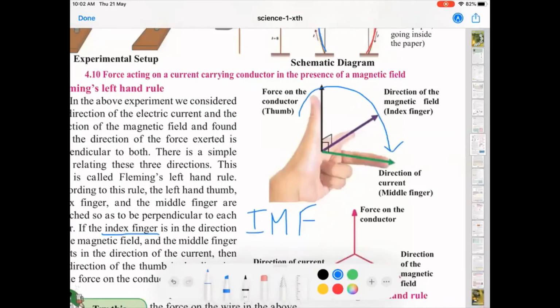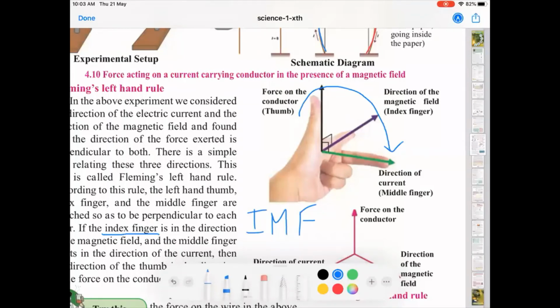So remember this: the left hand thumb, the index finger, and the middle finger are stretched so as to be perpendicular to each other.